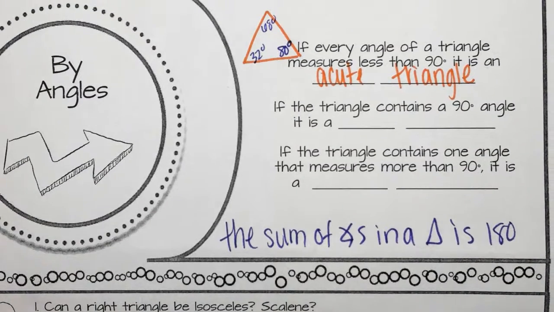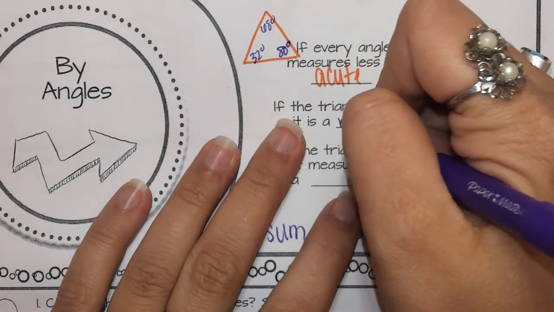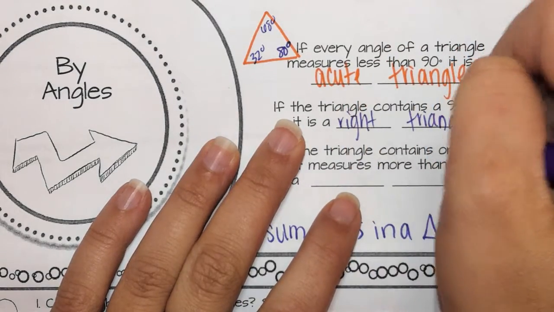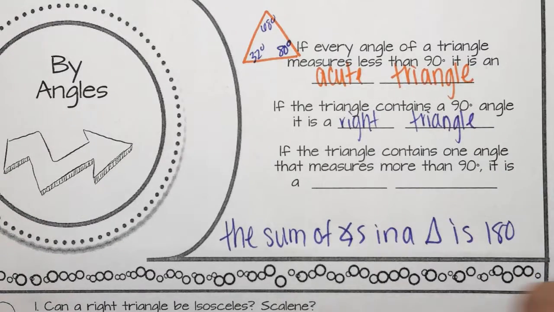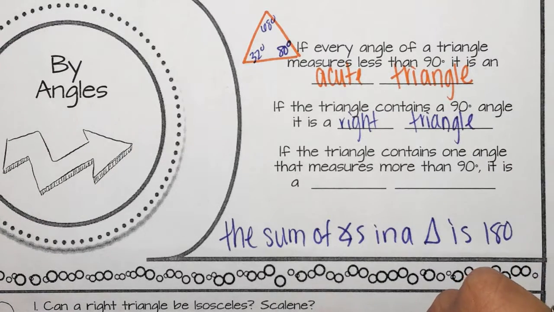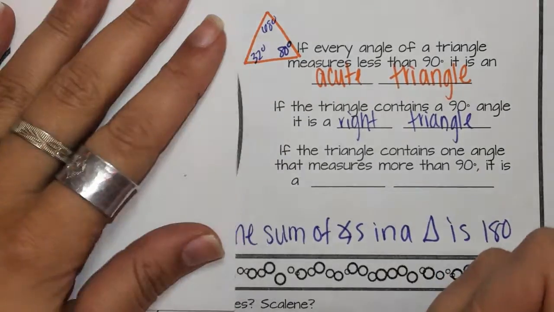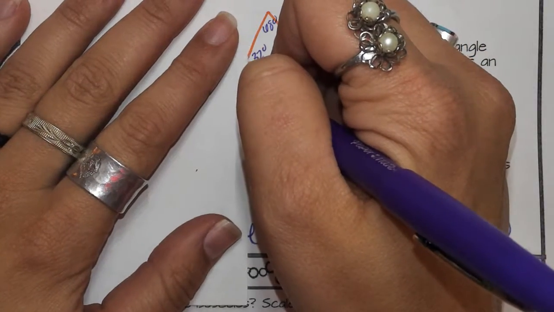All right, so if the triangle contains a 90-degree angle, what kind of triangle is it? It's a right triangle. And we're going to draw an example. So my straight edge is going to be a note card.